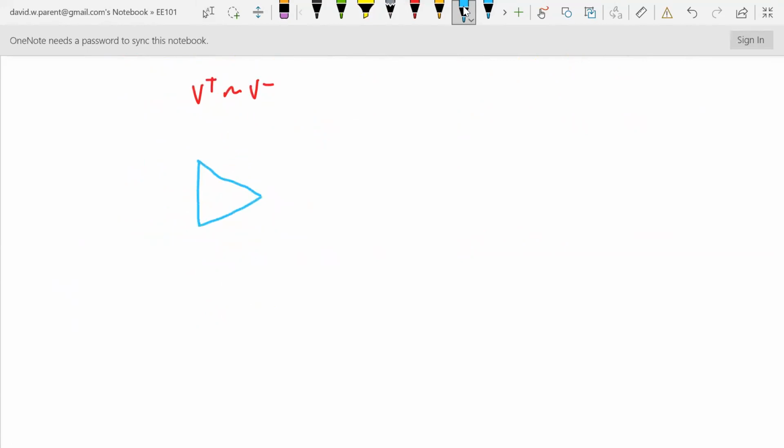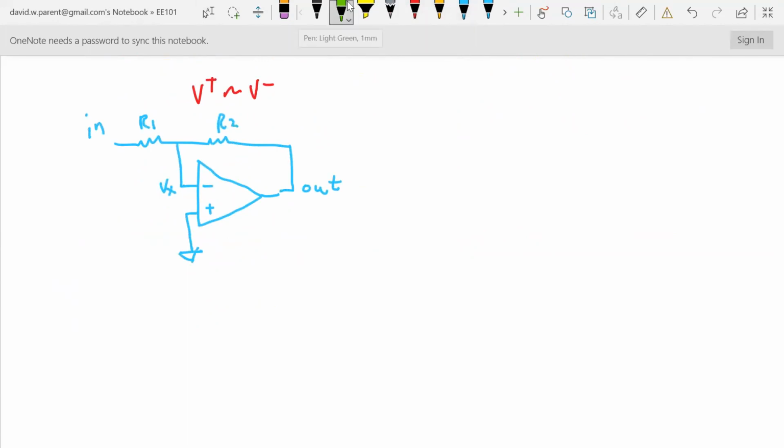Now, what I'm going to do is derive the non-inverting op-amp, the inverting op-amp, using nodal analysis, even though that's not the only way you can do it. But it's always good to have a review. All right.